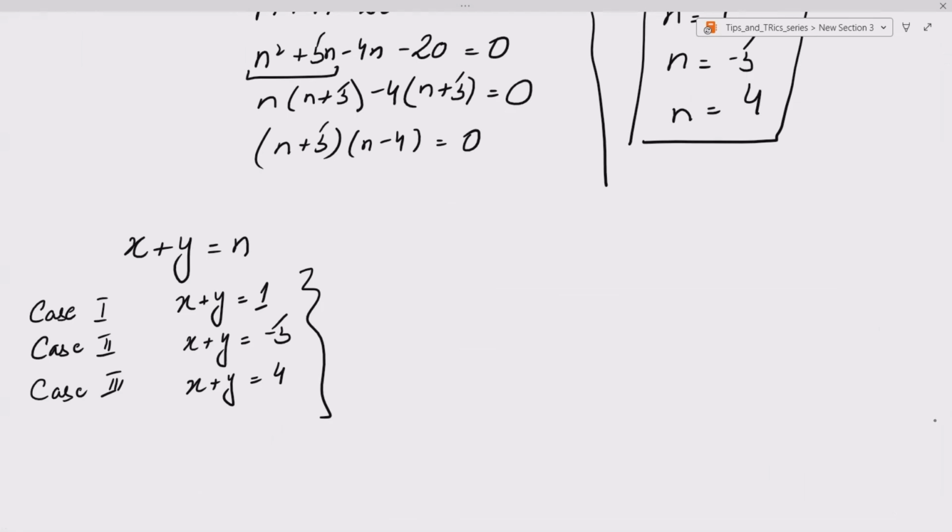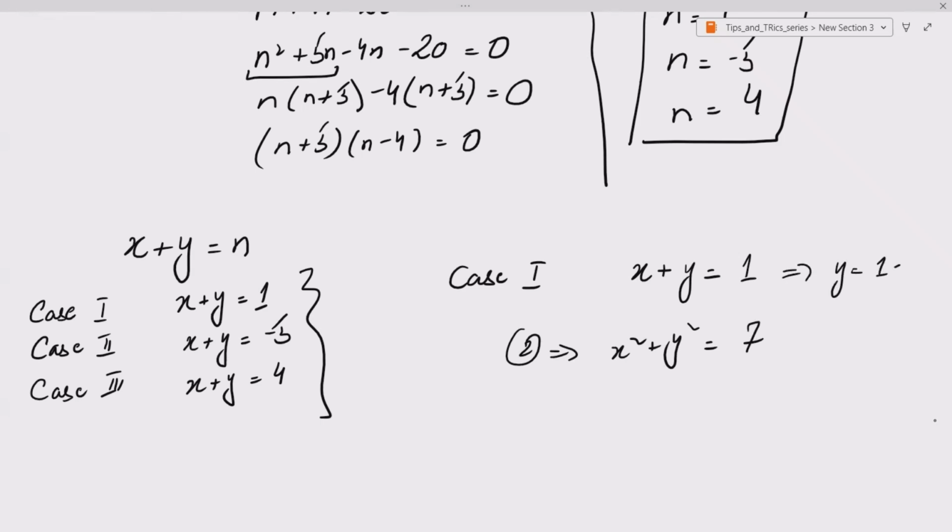So let's take case 1, which says x plus y equals 1. Let's take equation 2, which is x square plus y square equals 7, and put in the value. From here I can take y equals 1 minus x.